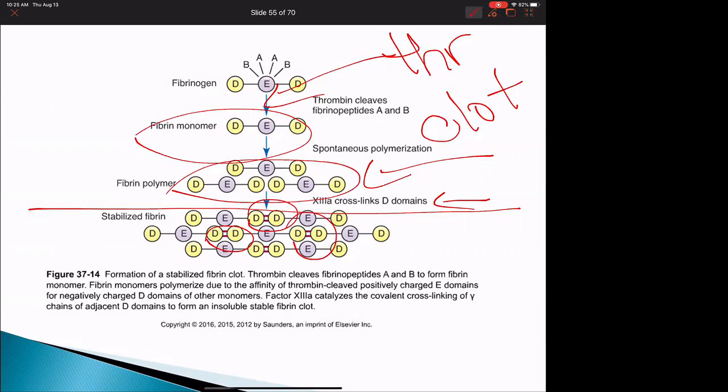And what this does, it strengthens the polymer and it renders it insoluble. Okay, so it's now a stabilized fibrin clot. Stable fibrin, okay? So this is the actual clot, stabilized clot. This is the clot that is only seen by routine coagulation assays.